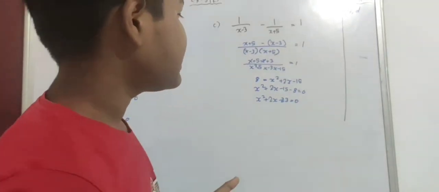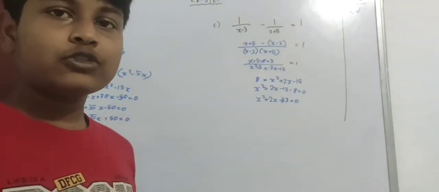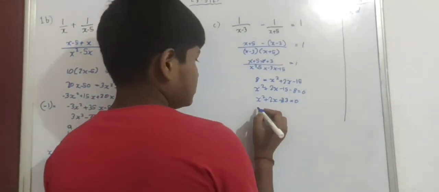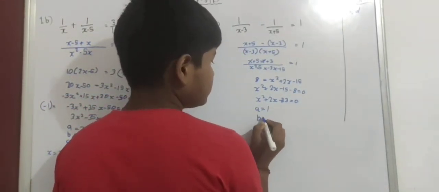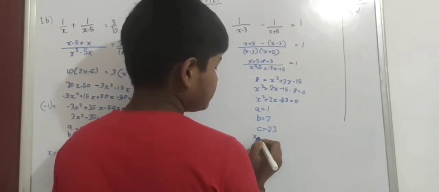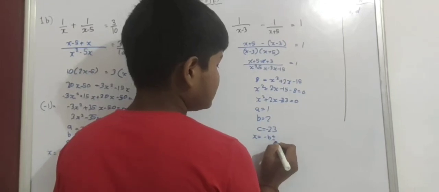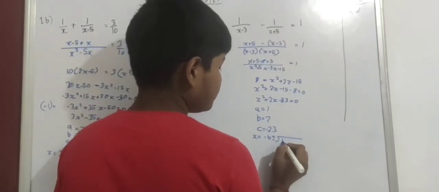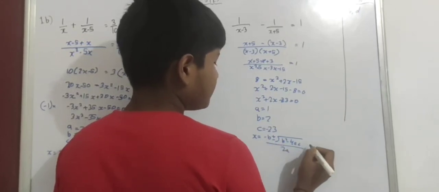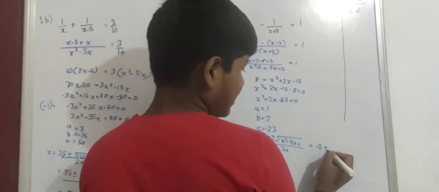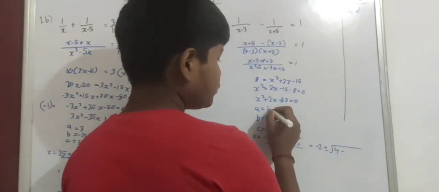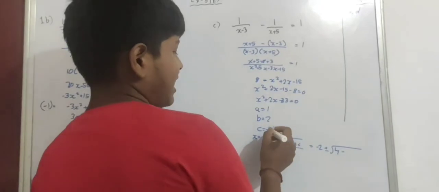Now you can use your middle term split also and the discriminant formula. I will use the discriminant formula. So a equals 1, b equals 2 and c equals minus 23. x equals minus b plus minus under root b square minus 4ac divided by 2a. So it will be plus minus under root 2 square, that is 4, minus 4 into 1 into minus 23.